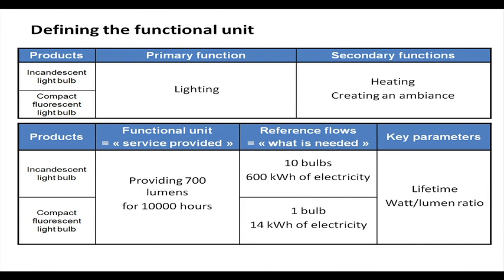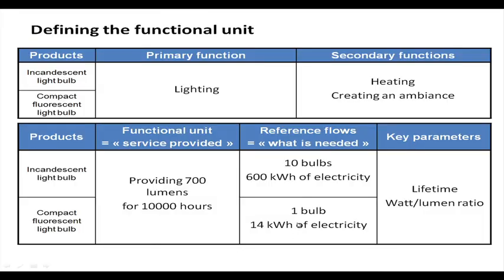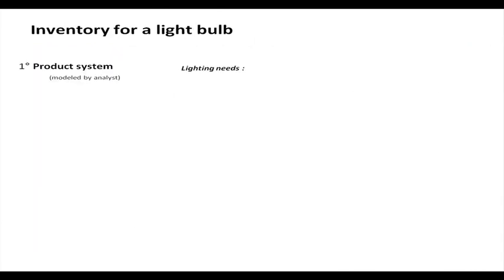The function here was lighting. The functional unit we chose was providing 700 lumens for 10,000 hours, and to provide that, the reference flow is 10 bulbs of incandescent and 1 bulb of CFL. I hope this makes it clear. We spent quite a bit of time on this to make it clear.